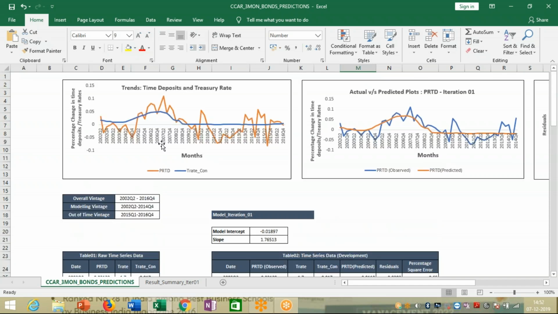One thing that could be clearly seen here is that there was an upward and downward trend, and the same kind of trend appeared in the estimated figures that we had predicted.